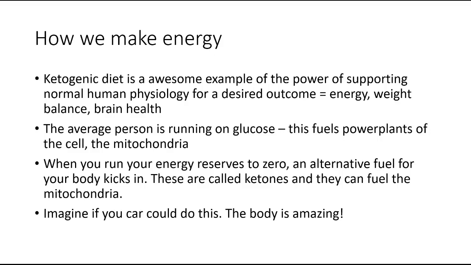So the average person is running on glucose, and this fuels our energy power plants within our cells. We call these energy power plants mitochondria, and they are present within all of our cells of our tissues of the body, and they're going to be more abundant in areas of the body that have more energetic demand.